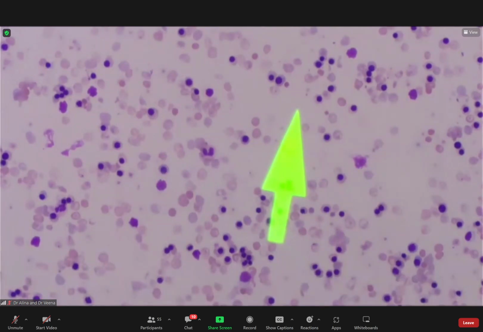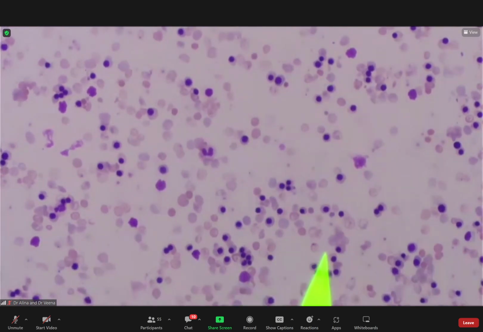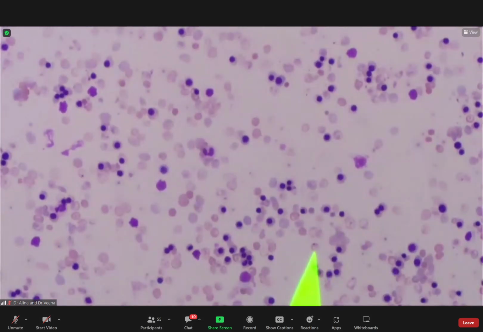In the background, you see quite severe anemia, and the red cells are typically hypochromic microcytic with numerous target cells. You can also appreciate our Howell-Jolly bodies. Is it clear on your screen?